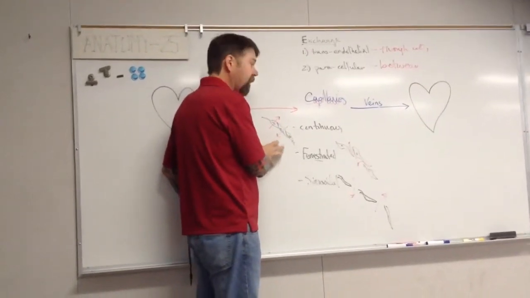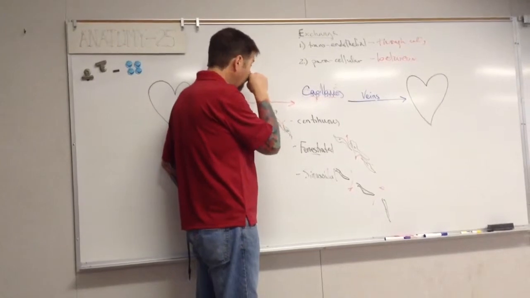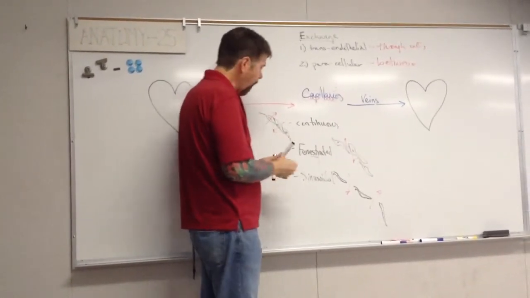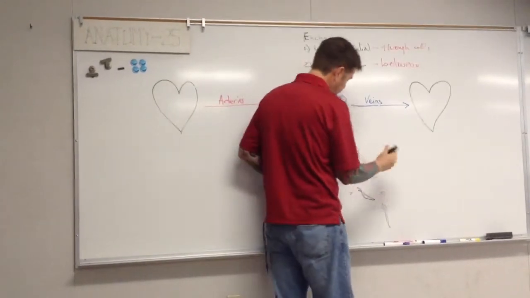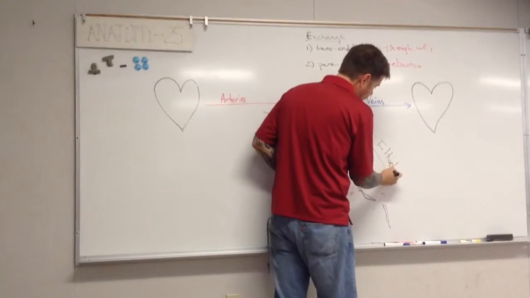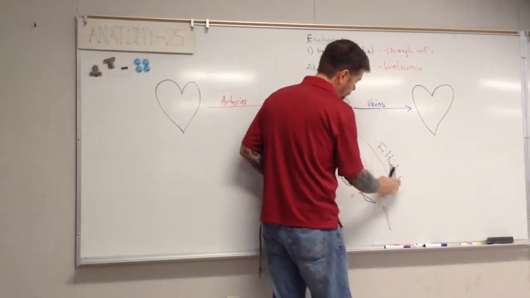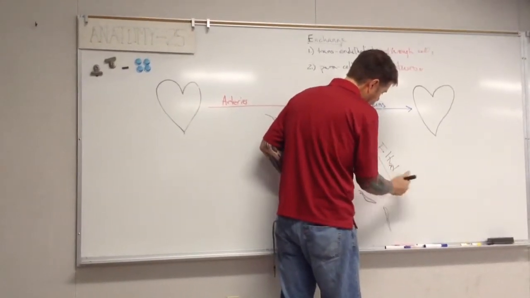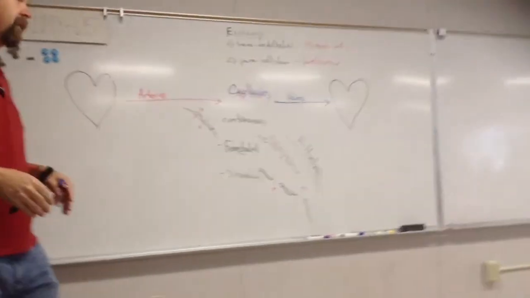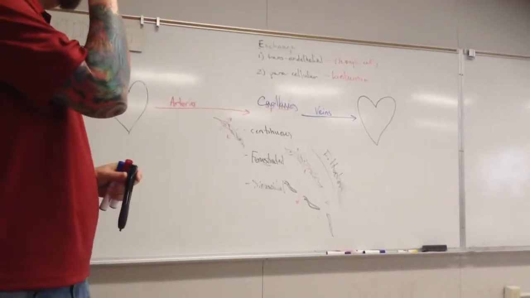Now, the exchange that occurs here is driven by pressure. So it is a pressure gradient that triggers this exchange. And in fact, we call it filtration. So filtration is the mechanism by which exchange occurs.